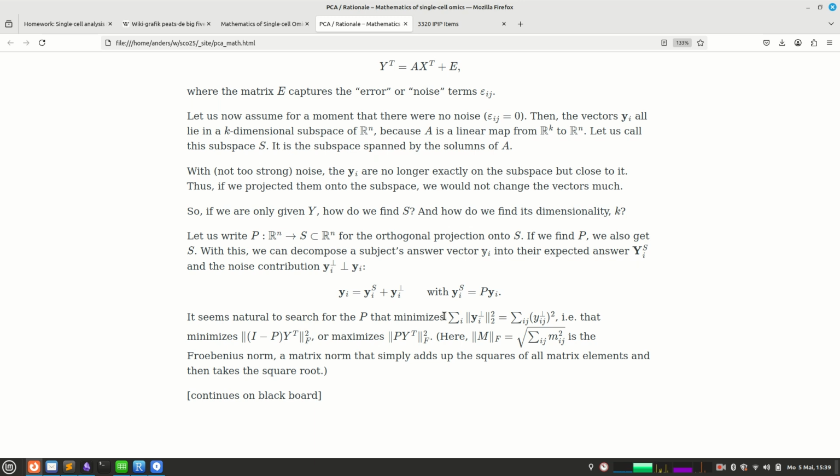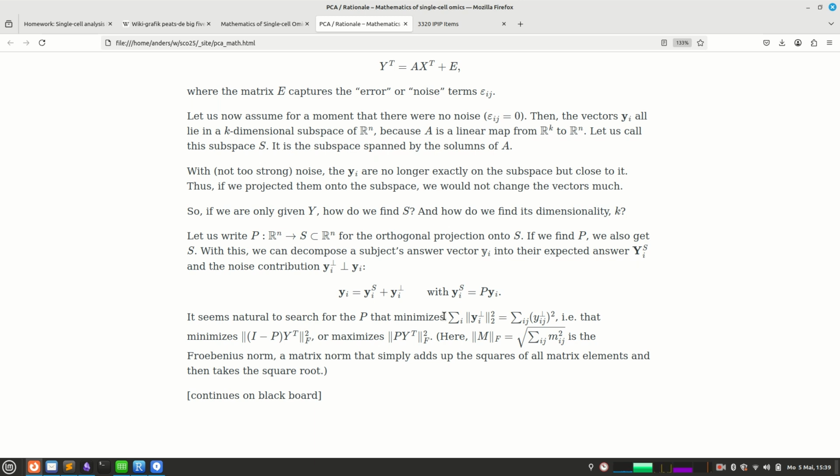Our goal is that we want to minimize the projection loss, so that the projection loses as few information as possible.